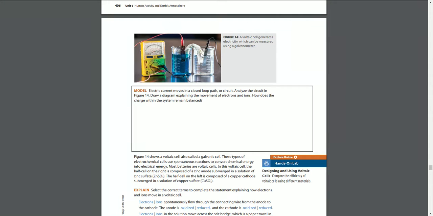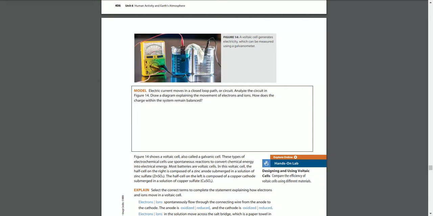Now notice there's this paper towel in between them. This paper towel is called a salt bridge. What they've done is they've taken a dissolved salt, like sodium chloride. Doesn't have to be, could be another salt. And when you dissolve it, it creates ions. So that allows the charges to balance out, because otherwise what would happen is the blue one, which is getting reduced, would just constantly be gaining electrons and would be gaining a negative charge.